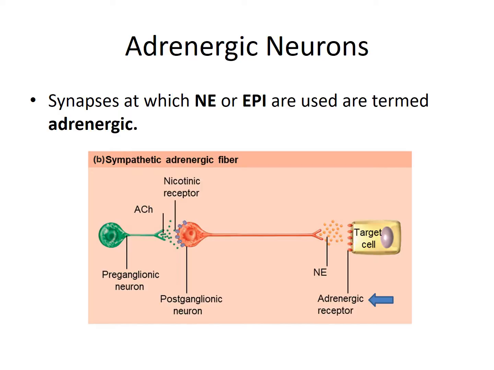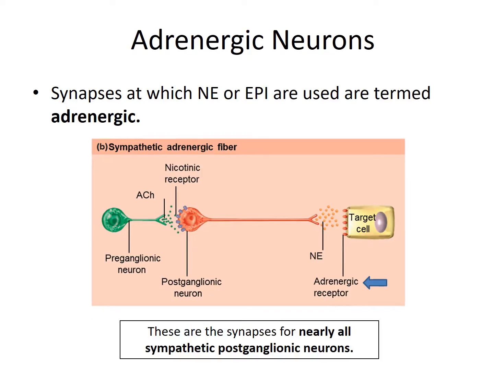This right here would be an example of an adrenergic synapse. Adrenergic synapses are found at the end of nearly all sympathetic postganglionic neurons.